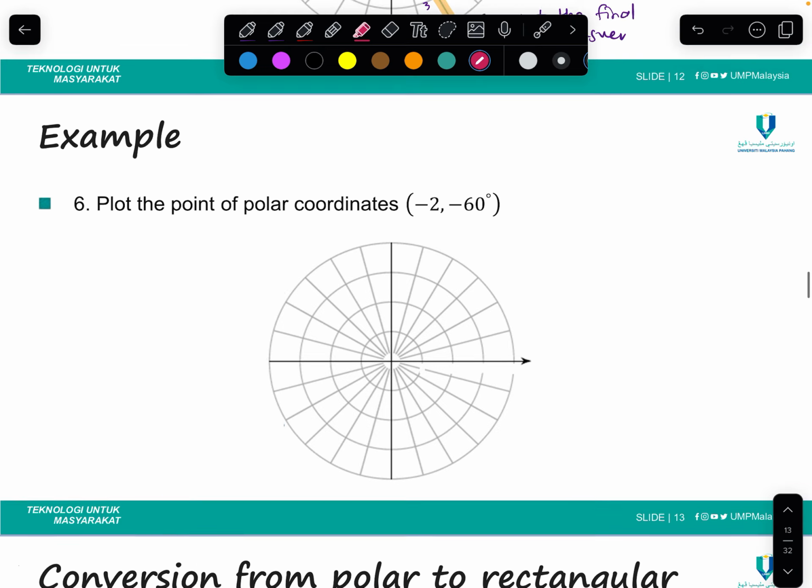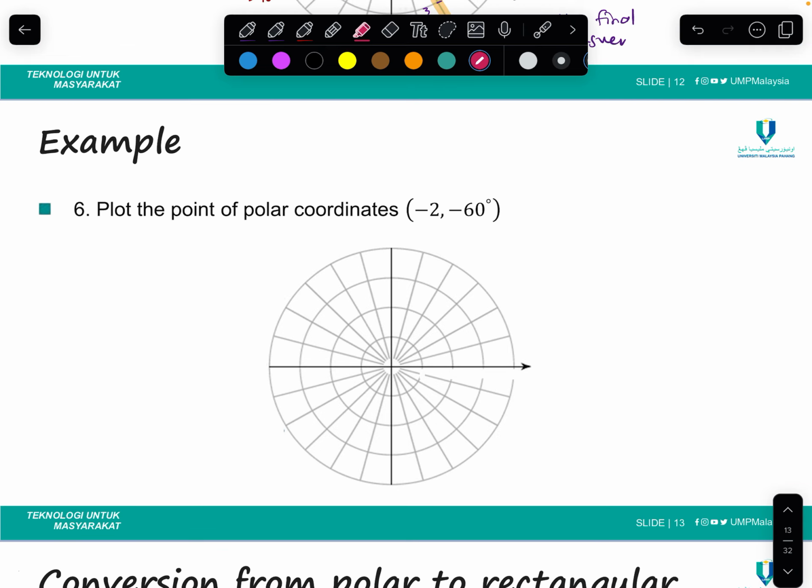Now look at number 6, plot the point with polar coordinates (-2, -60). Now both your r and theta are negative. Don't worry, we must look at theta first, -60. It's going downward for negative. You have -90 here, -180, and so on. So where is -60? It is here.